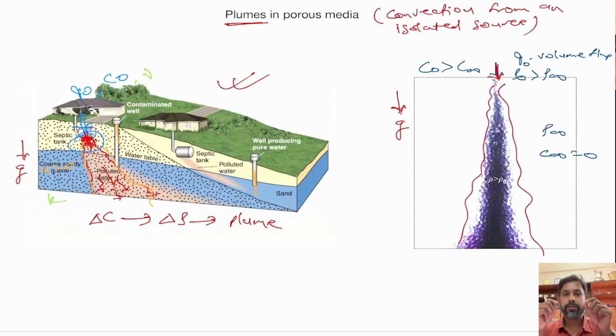So now, based on the contamination that is happening due to this leakage, if you use this kind of model, you can actually predict what will be the concentration C here, what will be the concentration C here at this well. And based on your estimate, you can actually try to decide the depth of the well, right? Or you can actually find out how much will be the concentration of the contaminants into the groundwater, and based on that, you can figure out whether that could be safe for drinking, or for potable use or not.